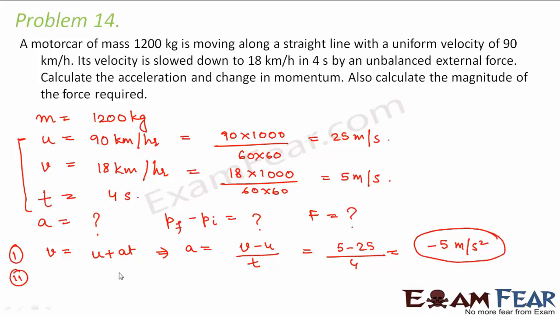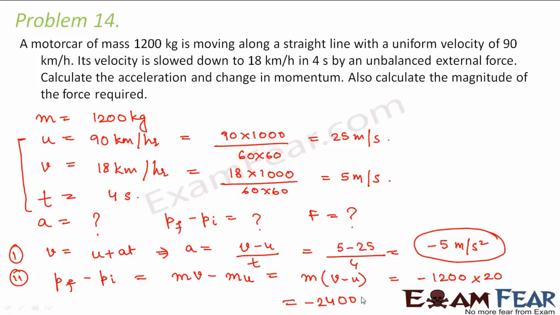In the second part, it is asking to calculate the change in momentum, that is final momentum minus initial momentum. So this will be equal to mass into velocity minus mass into initial velocity, which is equal to m into v minus u, that is equal to 1200 into minus 20, which is equal to minus 24000 kg meter per second.